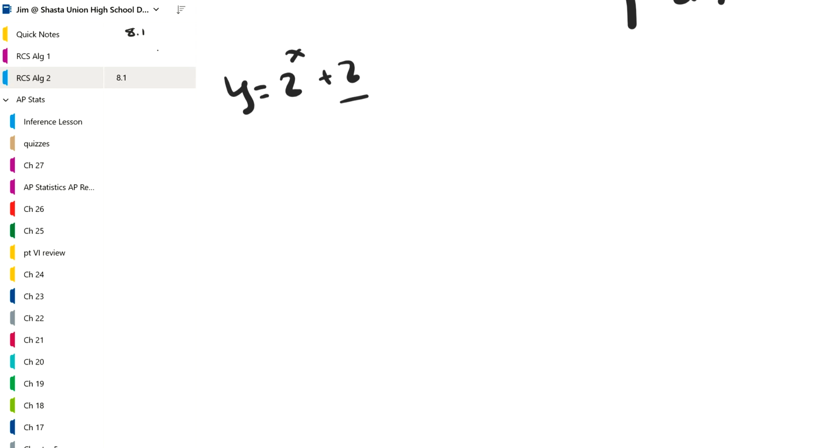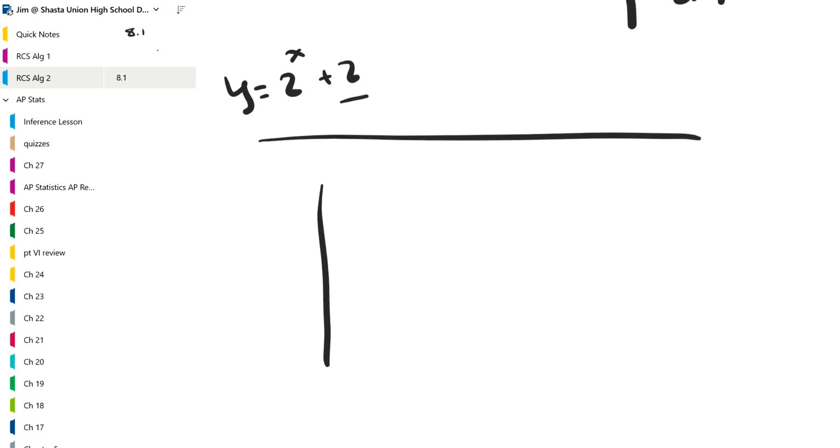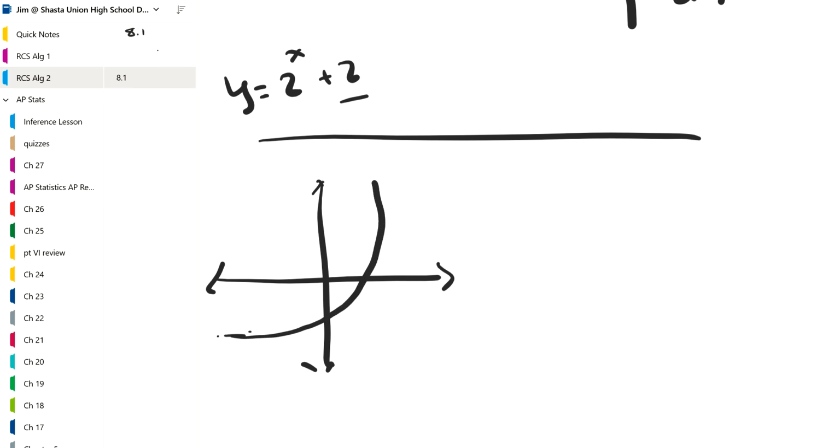Alright, so we're going to talk about the growth factor and the decay factor again. If I were to ask you what the general direction of a graph of a growth factor should be, it should be something like that, right? So it grows from left to right.